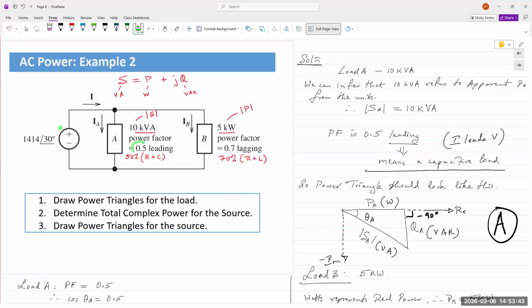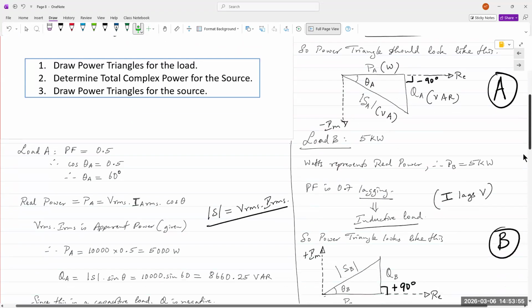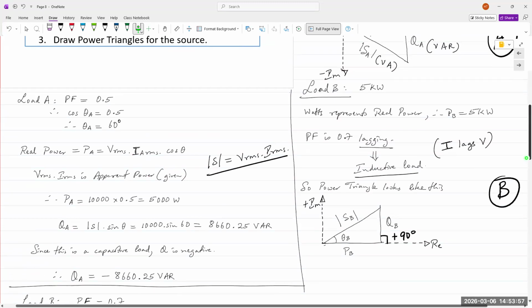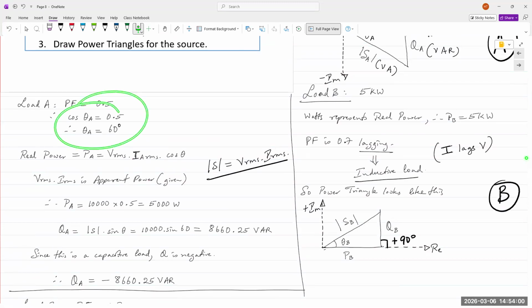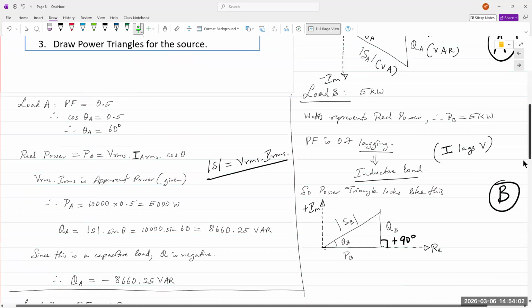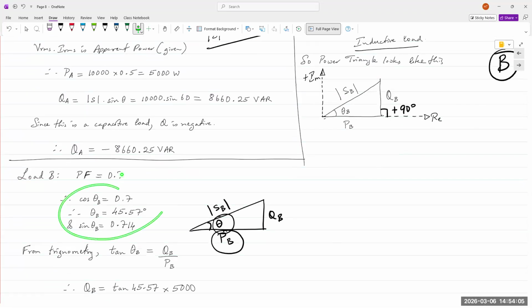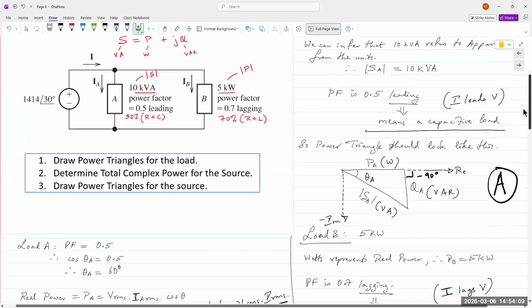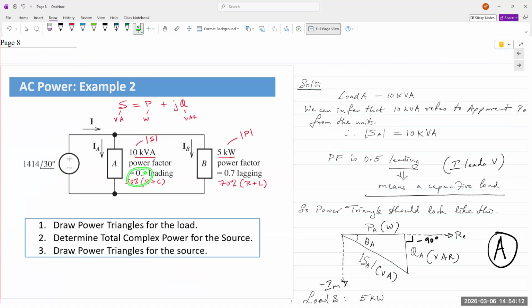When the power factor is provided to us, we can easily calculate the angle using cos inverse. The cos inverse of 0.5 gives us the power angle for A, and the cos inverse of 0.7 gives us the power angle for load B. So we are provided with the angle, and with one side of that right angle triangle.